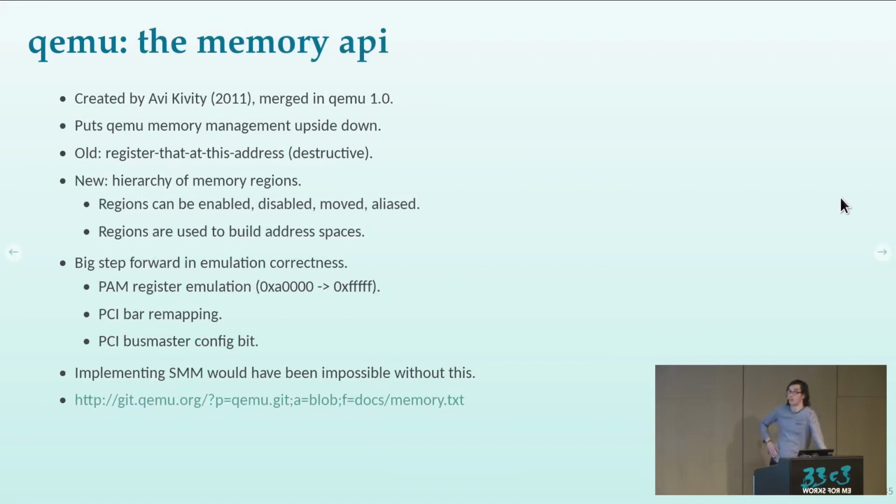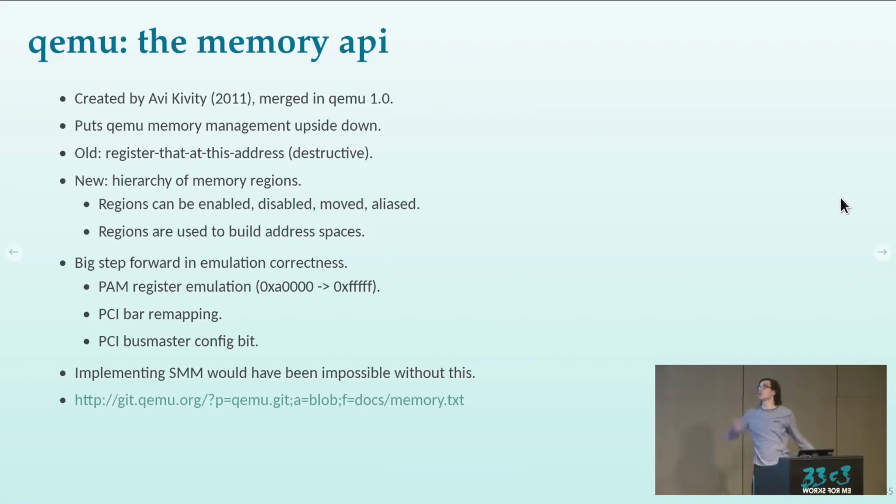One foundation we are building on is the memory API. It was created by Avi, the same guy who started the KVM project, and it was merged in QEMU 1.0, and it pretty much turns the memory management inside QEMU upside down.